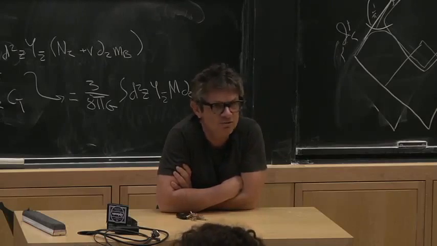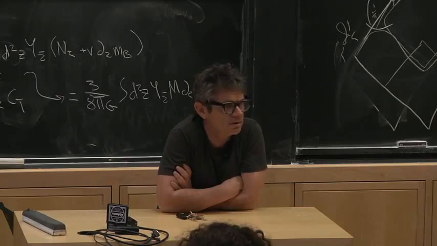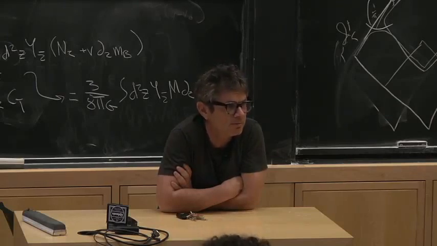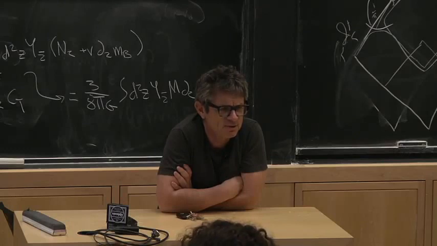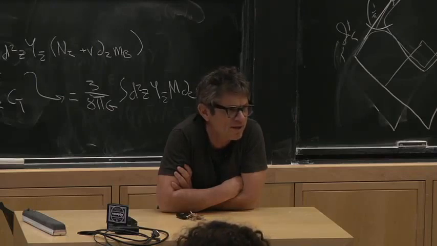And moreover, its structure appears in a context in which the information problem is at its sharpest. And finally, we've found a flaw in the argument that there's an information problem in flat space.